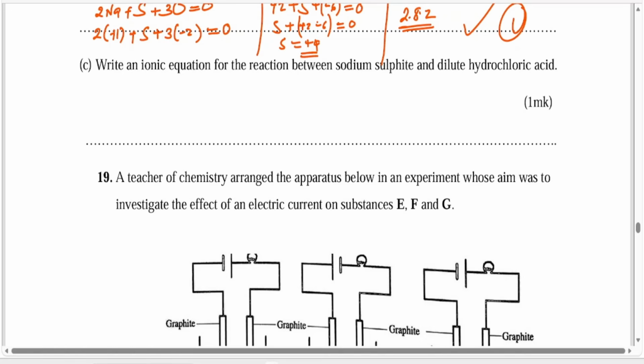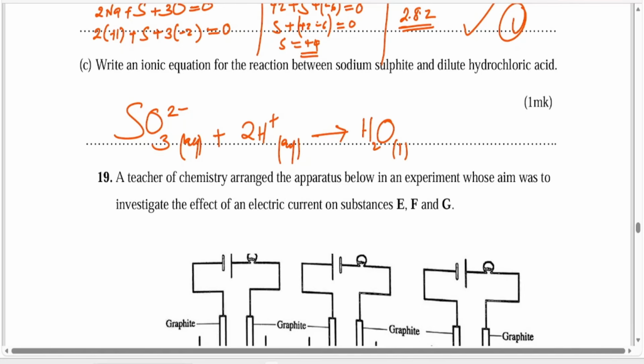So in this case, I'm writing the ionic equation whereby I need sulfite ions, which are aqueous, plus the acid, which is hydrochloric acid, and I need 2 moles of the acid, and I obtain water, which is liquid, and sulfur 4 oxide gas.